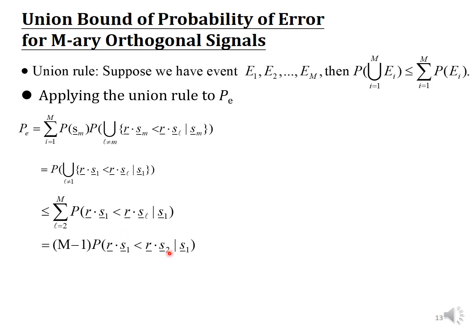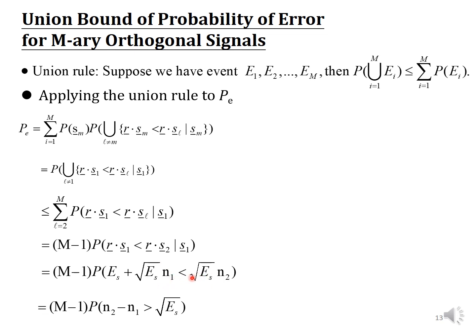That's one error case. And the summation would be M minus 1 times this error case. As we know, this error probability is the probability that R2 is greater than R1, right? This is R1 and this is R2. The probability of R2 greater than R1 is this error case.